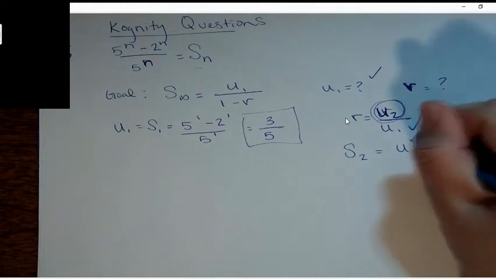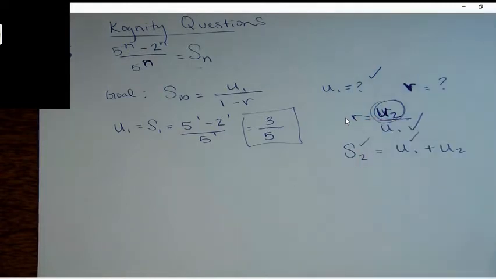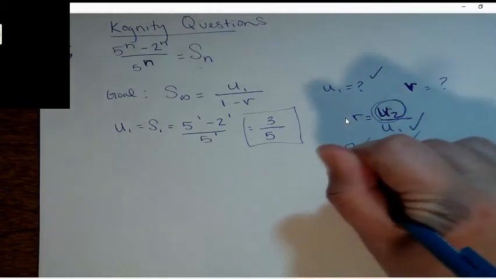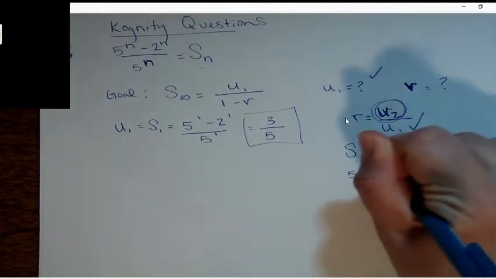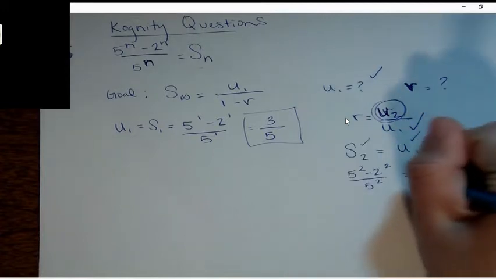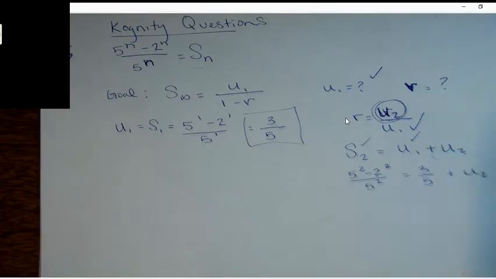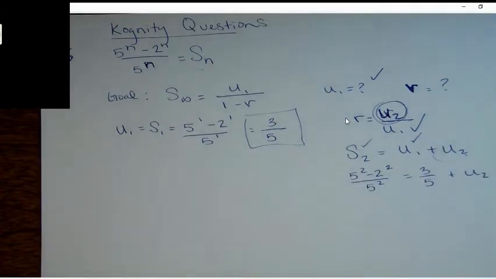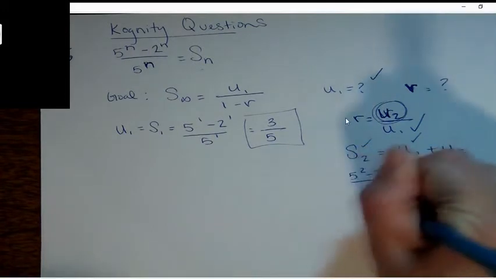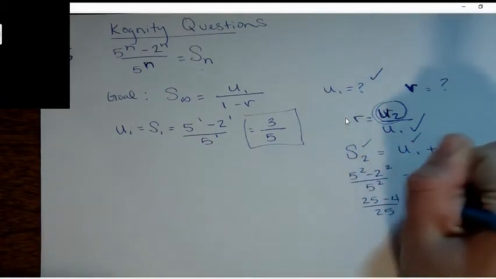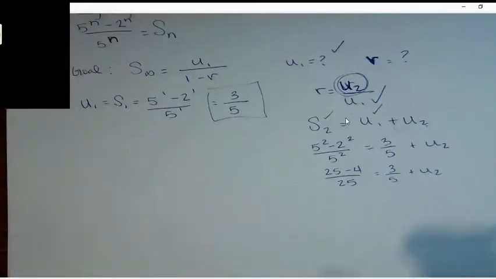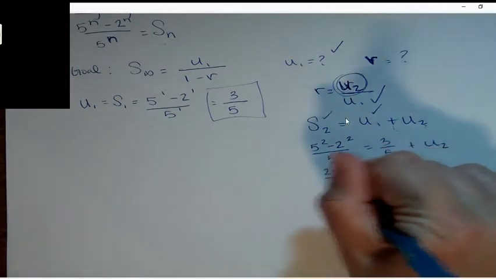We have U1, we can calculate S2, then all we have to do is solve for U2. So S2 is going to be 5 squared minus 2 squared over 5 squared. U1 was 3/5, and we don't know U2, that's what we're solving for. Now, if we simplify the left, we'll have 25 minus 4 over 25 equals 3 over 5 plus U2. 25 minus 4 is 21 over 25.